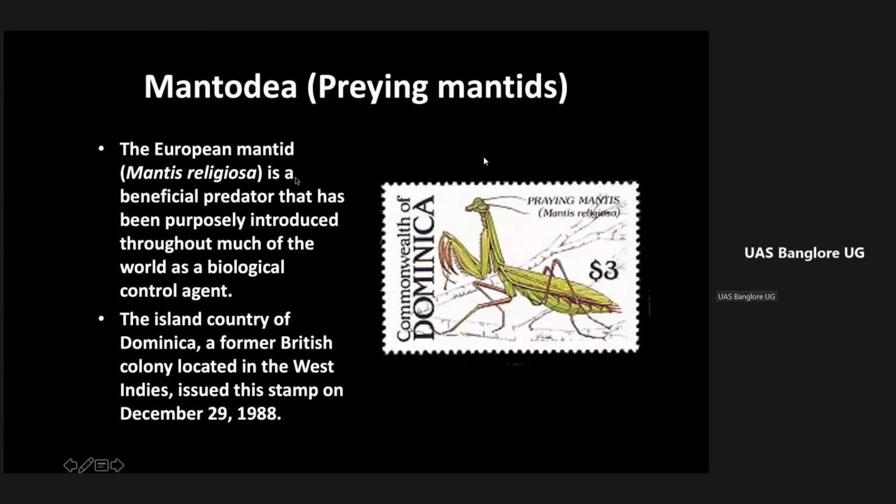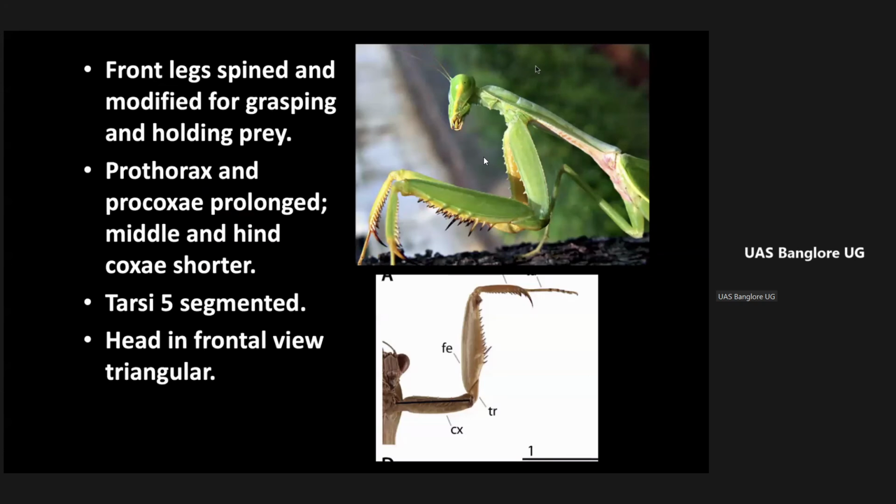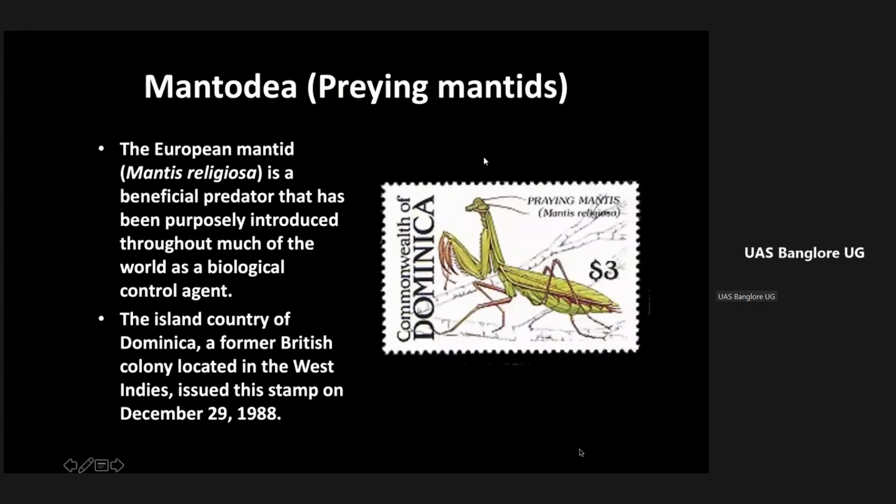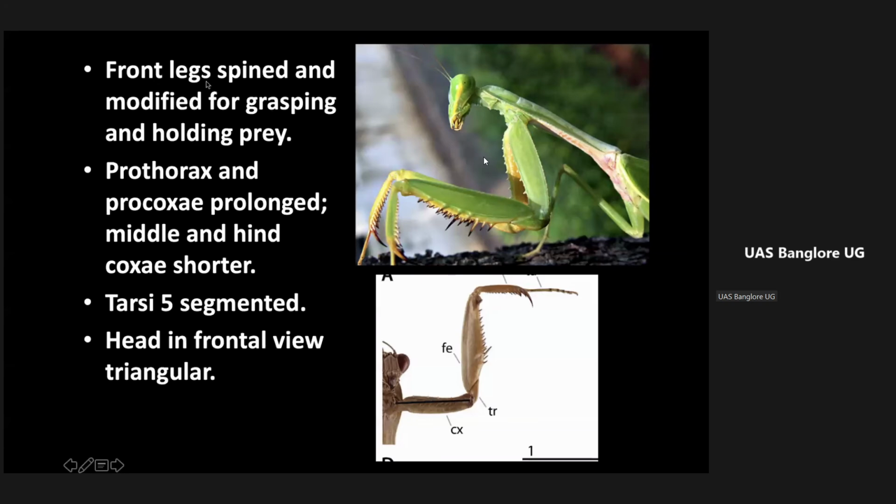So how do you identify the mantid? You can see that their legs are modified. The forelegs have spines, for grabbing and holding the prey. The prothorax and procoxa are prolonged.